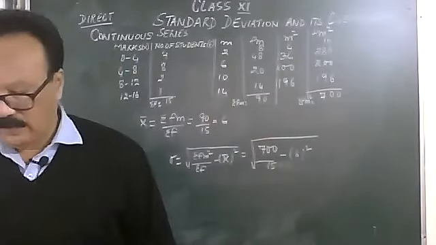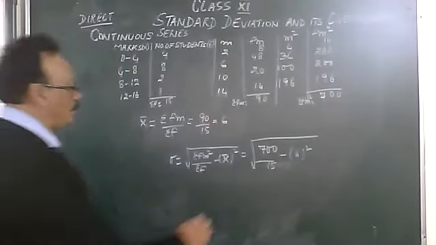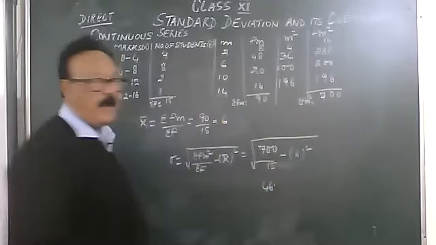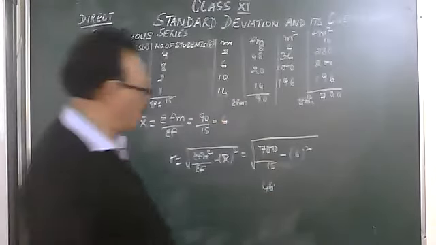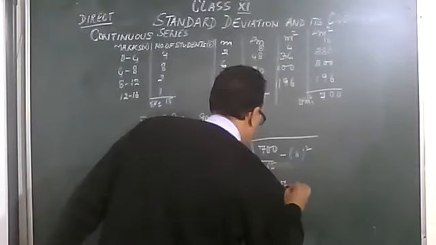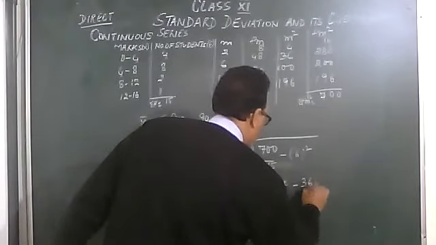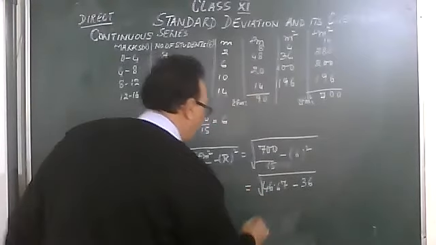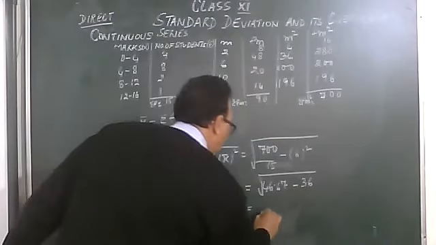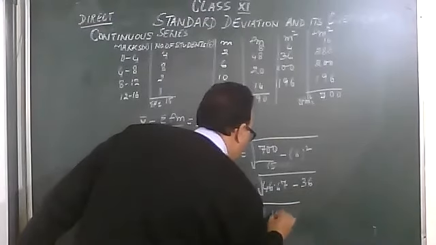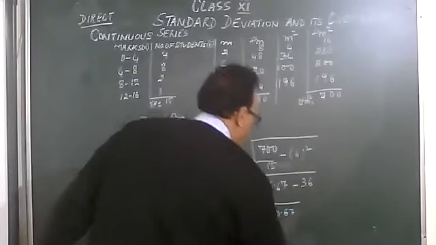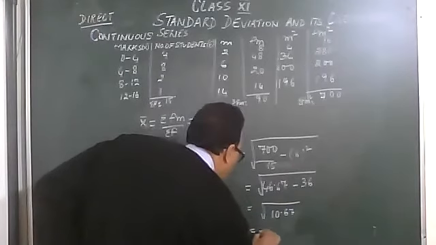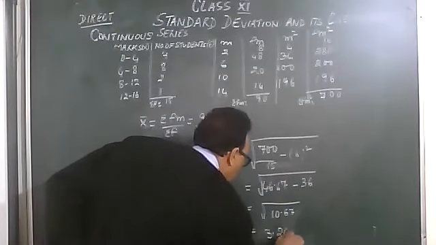Dividing, you get 46.67 minus 36. This is still under root. This will give you the square root of 10.67, and the square root of 10.67 we have already found out is equal to 3.26.